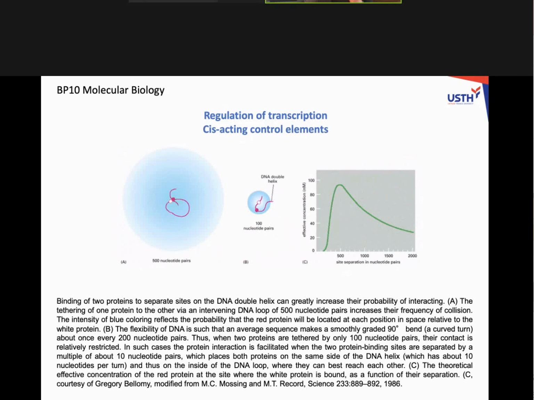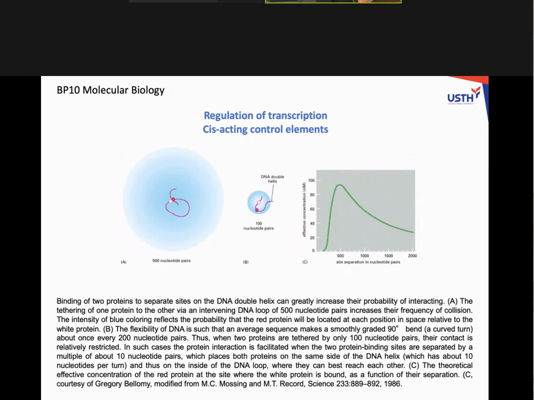Okay. After, if we move a little bit along the x-axis, it means that we increase the distance between the two sites. What you realize with this graph is that the maximum probability of meeting of the two proteins is at 500 base pair of separation. If you increase this distance little by little, they can still interact because DNA can always bend.